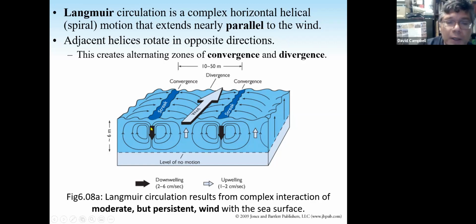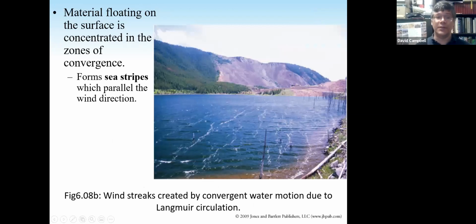And so you tend to get stuff floating on the ocean, such as foam, concentrated into these streaks if we have Langmuir circulation happening. And indeed, that's how it was first noticed, getting these patterns of stripes of floating material on the sea surface. And some oceanographer noticed this and wondered why that was happening, worked through it, and figured it out.